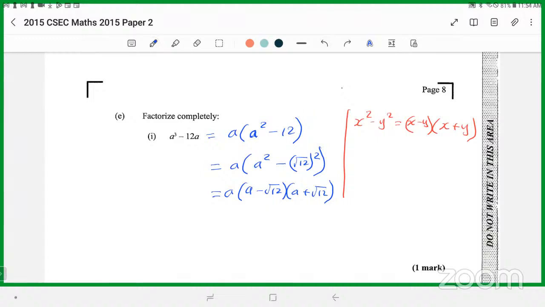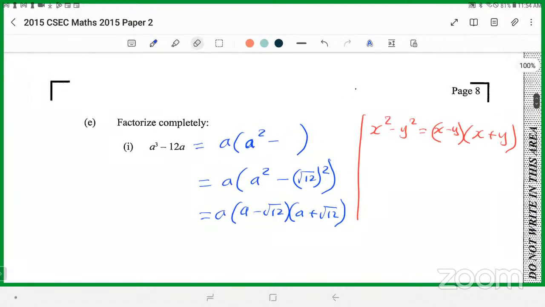If this was a number like 9, for example, instead of 12 right here, they would know that the 9 is 3 squared. They know that this will be x minus 3, x plus 3.